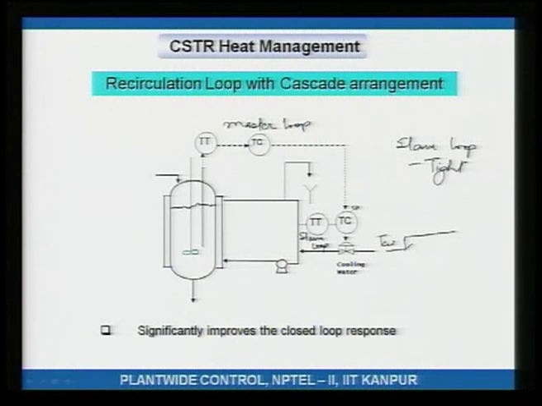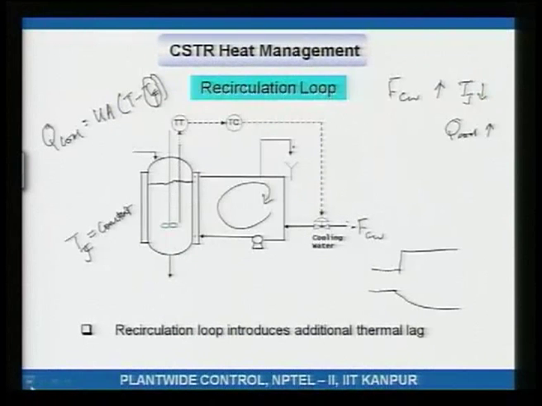This slave loop will say, okay, jacket temperature is going above its set point, it will increase the cooling water flow rate, and this deviating jacket temperature will be brought back. So Tj will go up and then be brought back by the action of the slave loop. As far as the master loop is concerned, because the jacket temperature is held relatively constant, you will not see much of a deviation. The reactor temperature may show some deviation and come back.